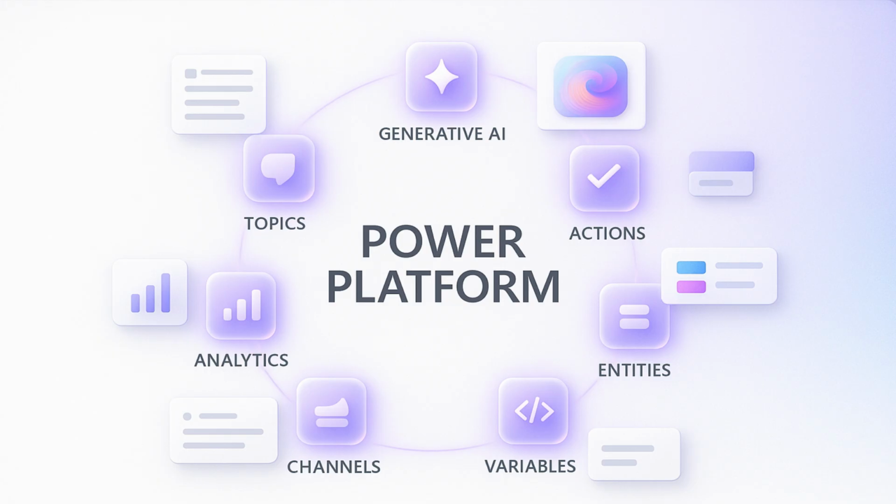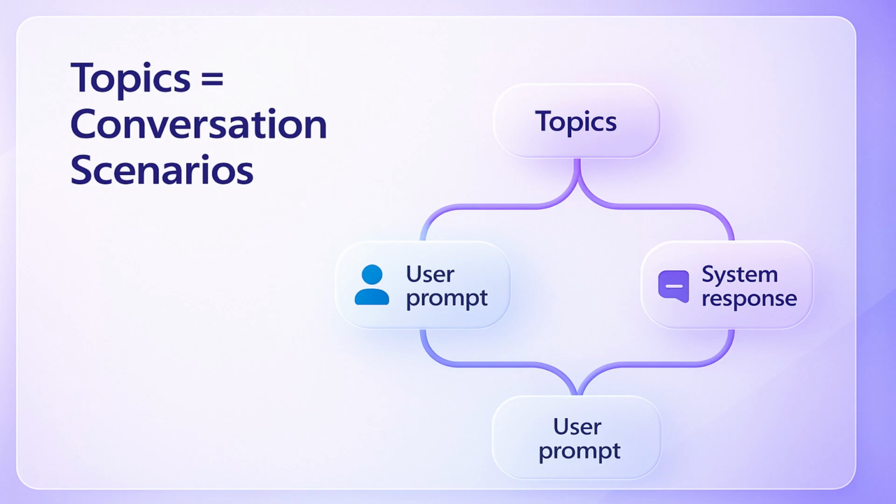Now the fourth point is, what are the components of Copilot Studio? Because Copilot Studio is an environment, and in the Copilot Studio, we are going to build our Copilot agents. So inside the Copilot Studio, you will work with several key components. So let me explain each one clearly. The first one is topics.